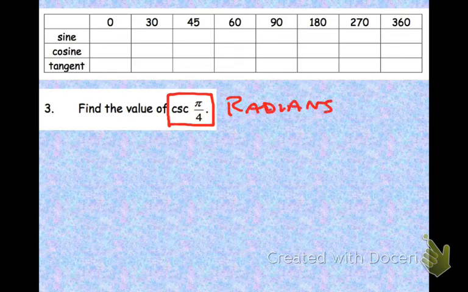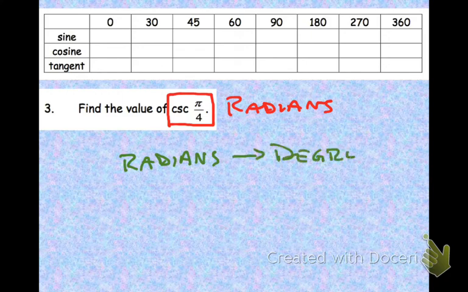So you're going to need to use what we learned in the past about changing from radians to degrees. And there was actually a whole section on that. It was 3 sections ago. Radian measures of angles, and we talked about how to change from radians to degrees and degrees to radians.